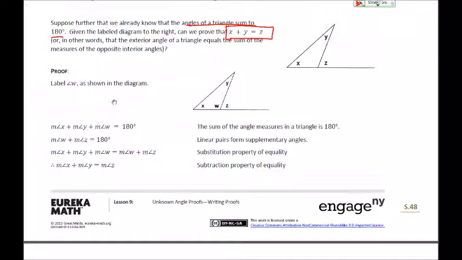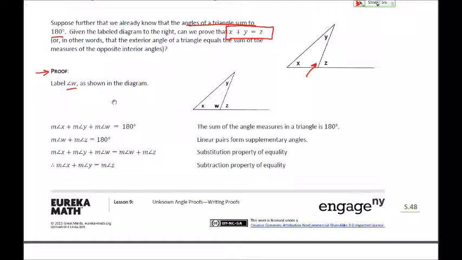Now, we can use things about triangles and some algebra to do this. So here's the proof. We start off by labeling angle W. This angle right here, I'll call it angle W because I want to talk about that angle.